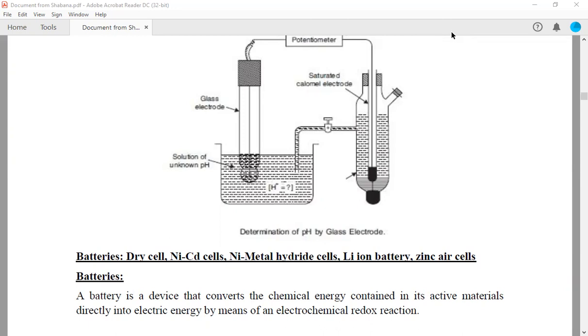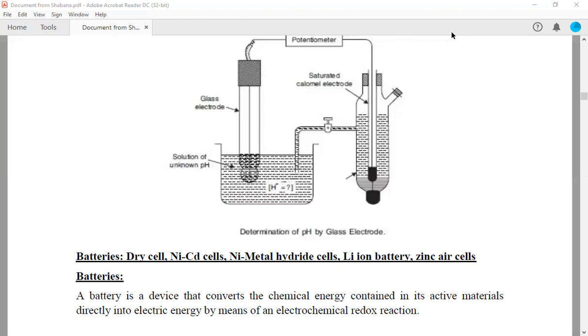In this battery topic, the syllabus covers the dry cell, nickel cadmium cell, nickel metal hydride cell, lithium ion battery, and zinc air cell batteries. Today we will discuss these types of cells.